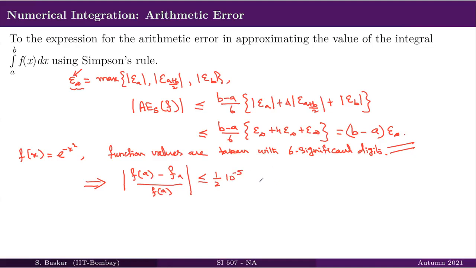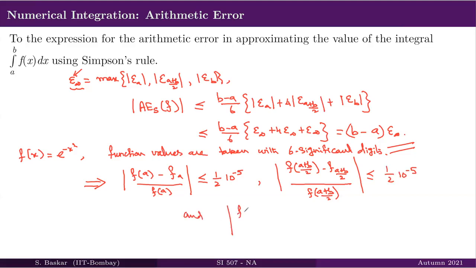Similarly, for the other two also, (f of (a plus b) by 2 minus f̃((a plus b) by 2)) divided by f of (a plus b) by 2 is also less than or equal to 1 by 2 times 10 to the power of minus 5. And you also have (f of b minus f̃b) divided by f of b is less than or equal to 1 by 2 times 10 to the power of minus 5.